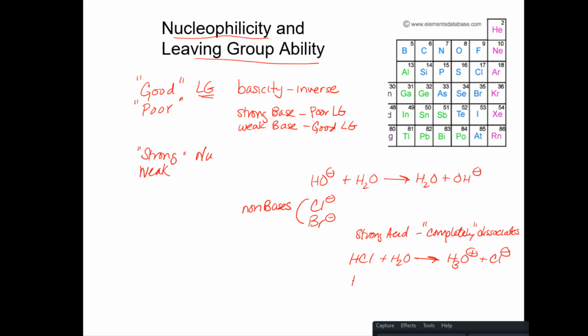Now, what about something like HF? When you react HF with water, what happens? You get an equilibrium between H3O plus and F minus. So HF was considered a weak acid. And so what about weak acids? They partially dissociate in water. And what do we mean by partially dissociate?